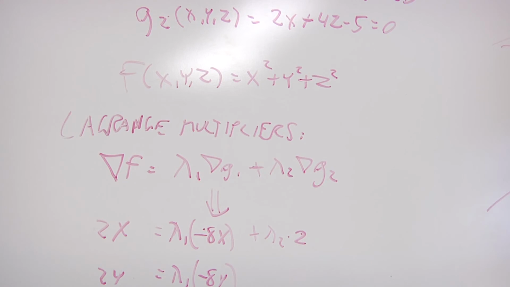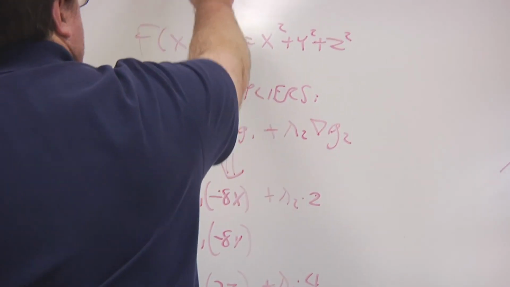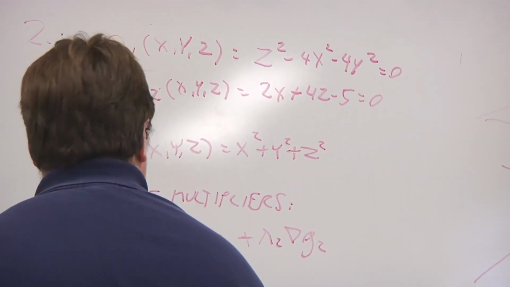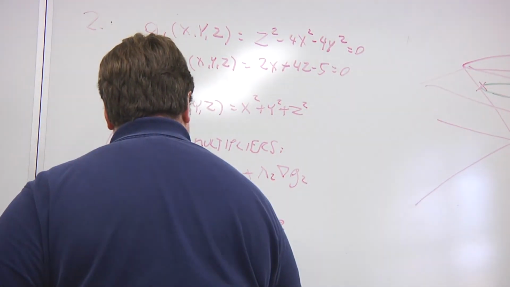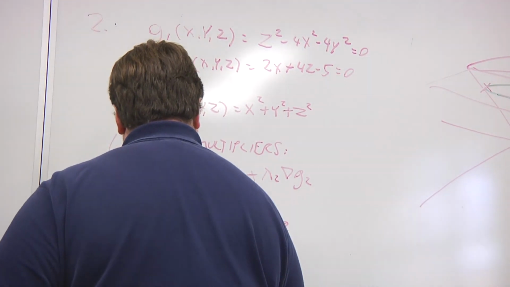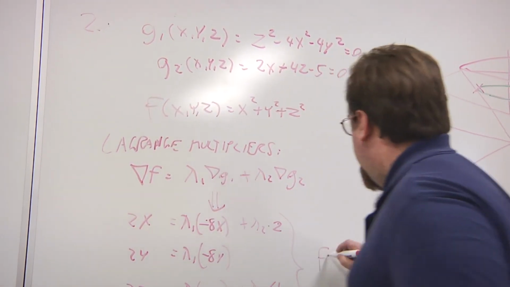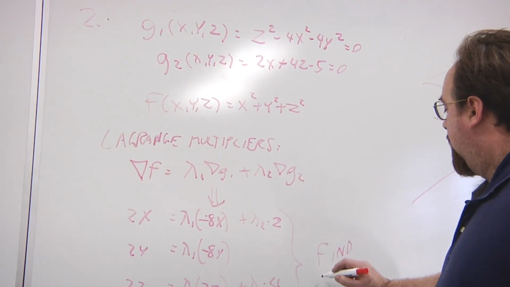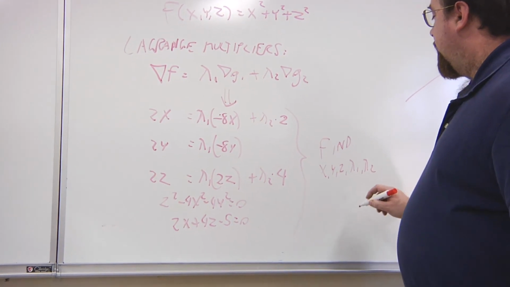So these 3 equations must be satisfied by x, y, z, lambda 1, lambda 2, but you also have the constraints, so you have to include these. So you want to find x, y, z, lambda 1, lambda 2 that satisfy these.